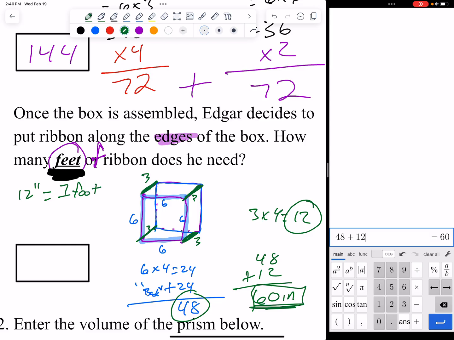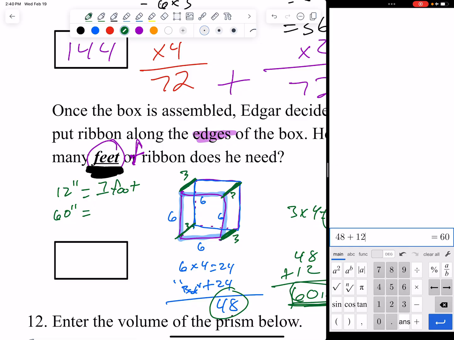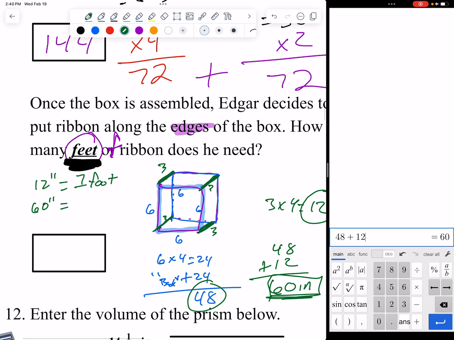So in other words, I have to say how many feet 60 inches equals. So if you think about it, I got to take 60 inches and divide it by 12. So if I take 60 inches and divide it by 12 inches, I should get 5. Let me see. 60 divided by 12, and I get 5 feet.